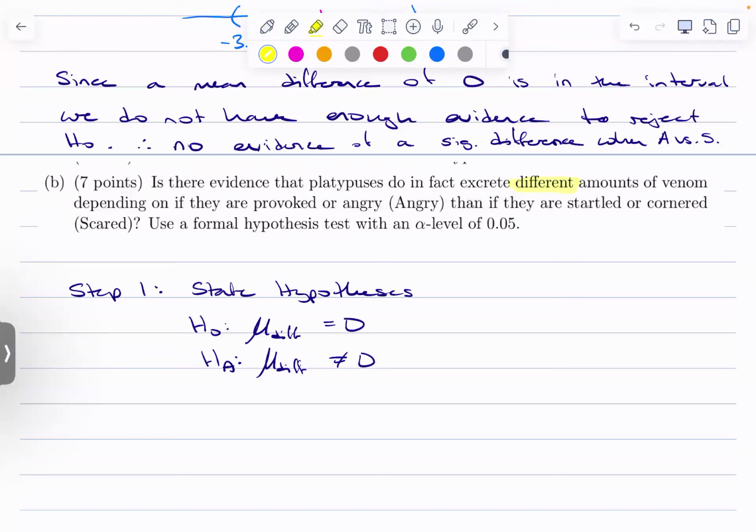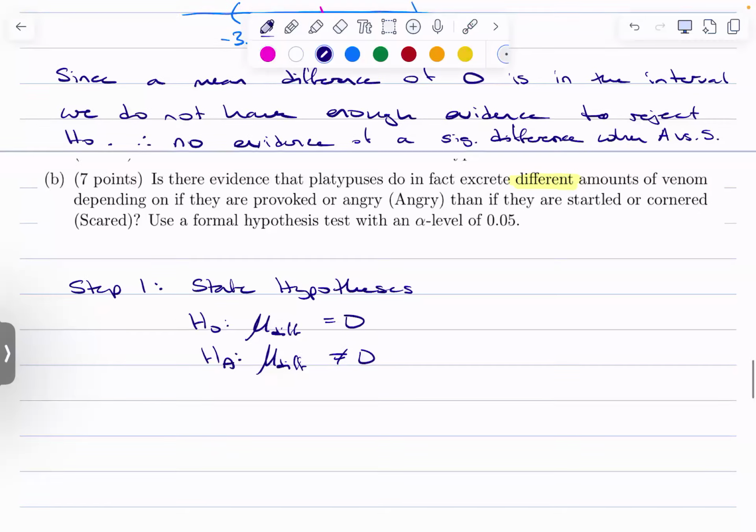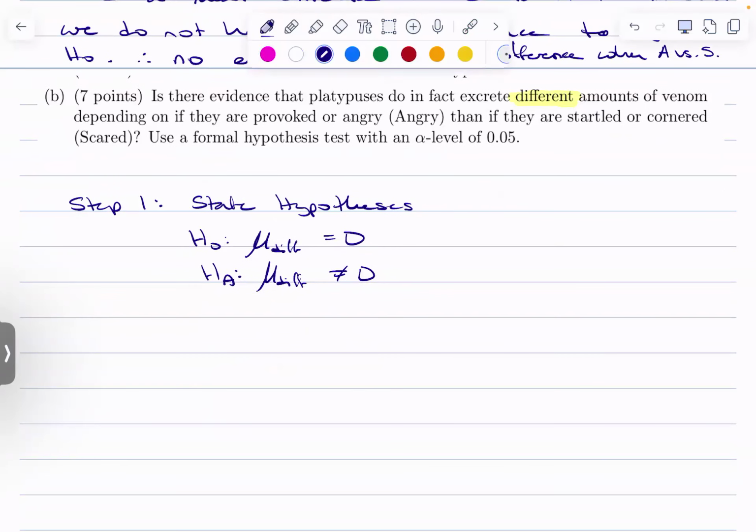Now, don't overthink it, but if you had to read this out in words, your alternative hypothesis would be that the mean of the differences is significantly different from 0. Well, don't overthink it. But there's a lot of different differences that we talk about. Right?